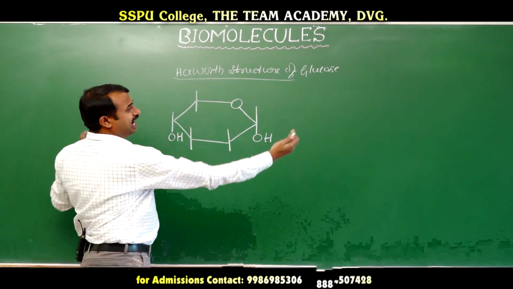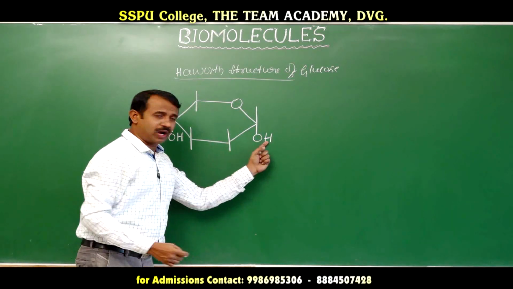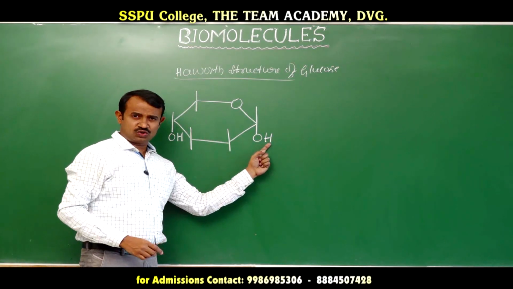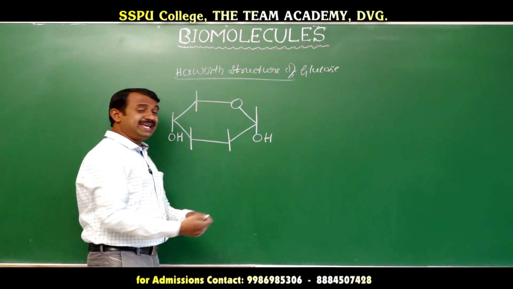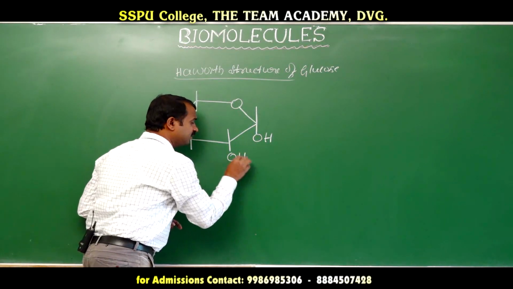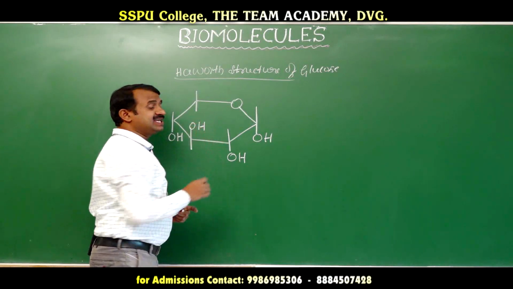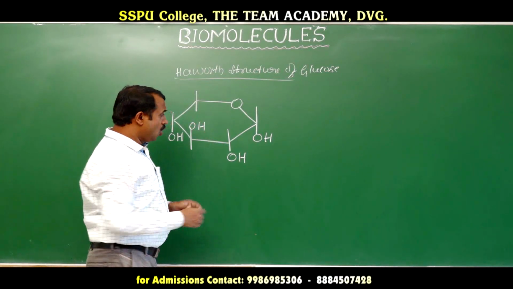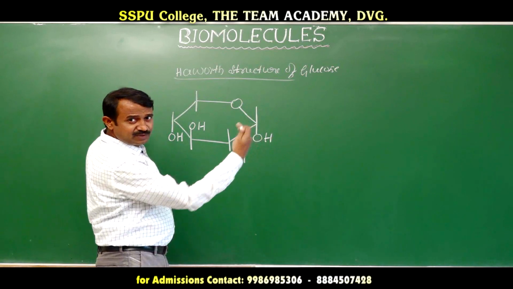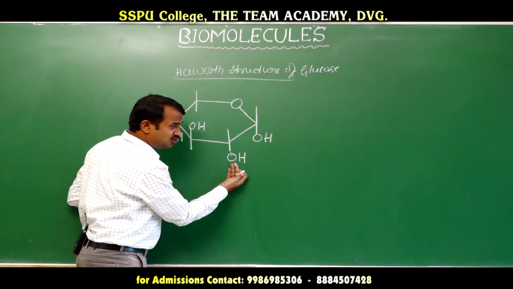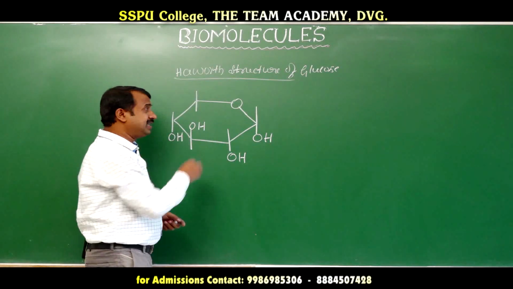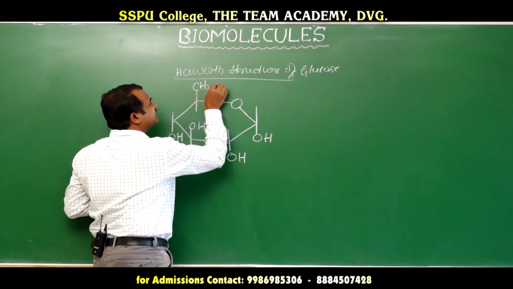Left and right is below OH. Watch. Below OH. One is the first carbon, one is outside, another one is inside. Both left and right side is below. You have to write the below hydroxy group. One is outside, another one is inside. The last carbon is a fixed CH2OH.